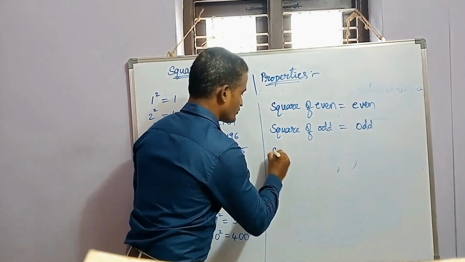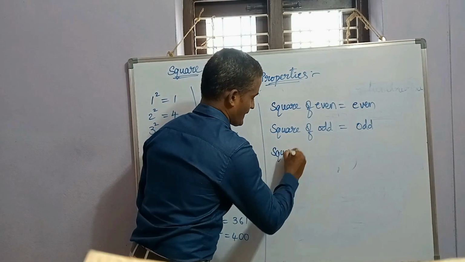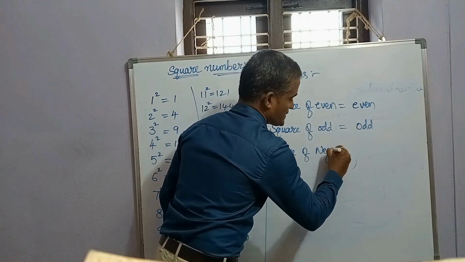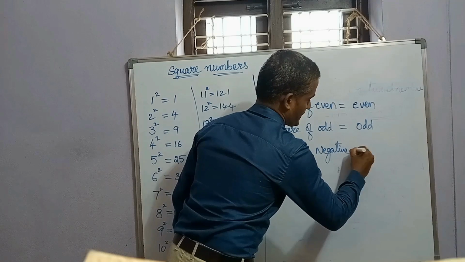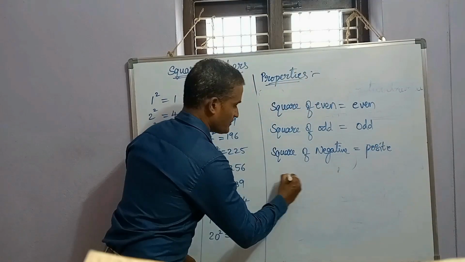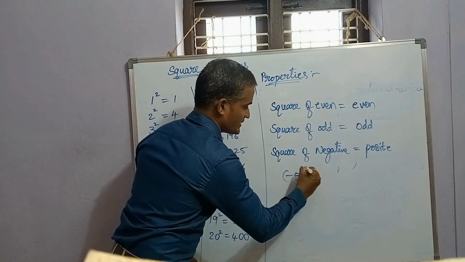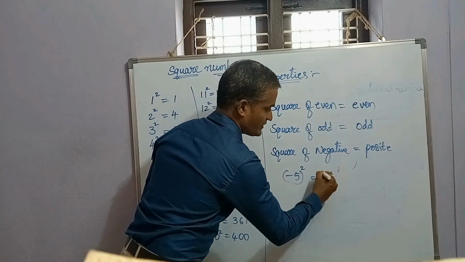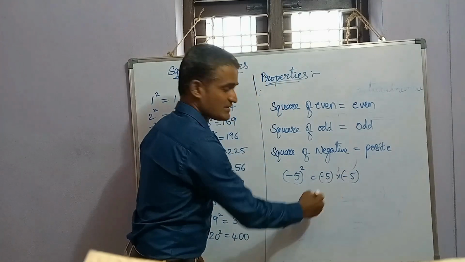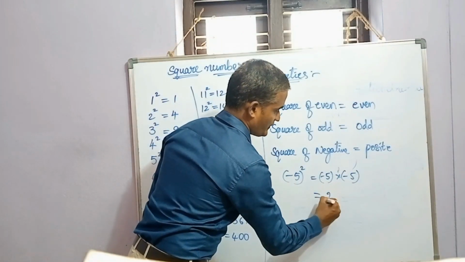And the square of a negative number is always positive. You can see that. Here minus 5 whole square is there. The meaning is minus 5 into minus 5, which gives minus into minus plus, and 5 fives are 25.